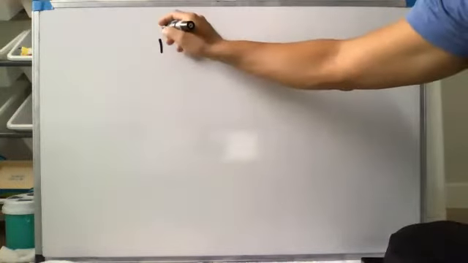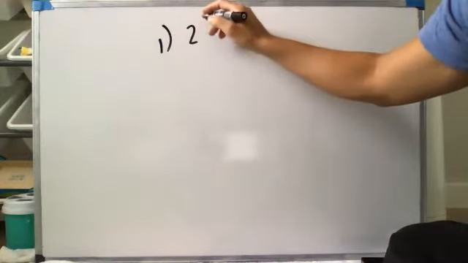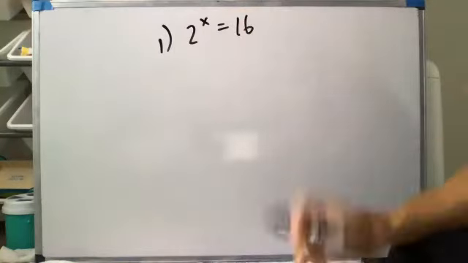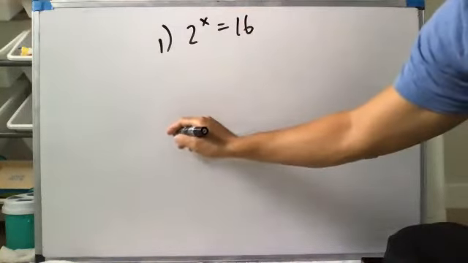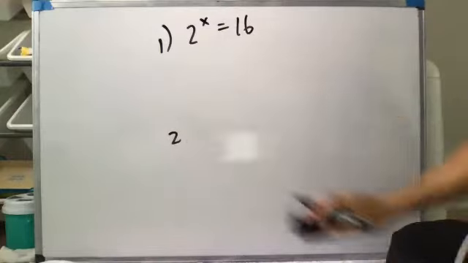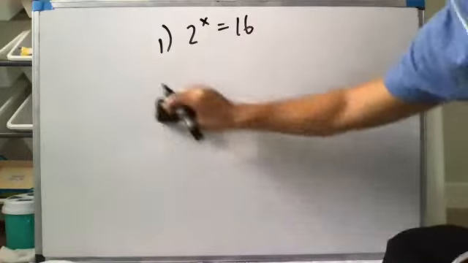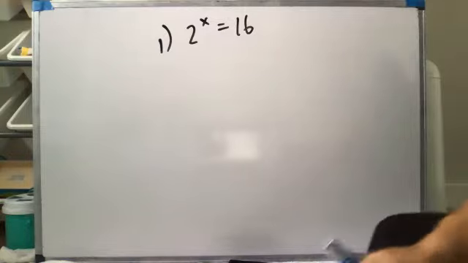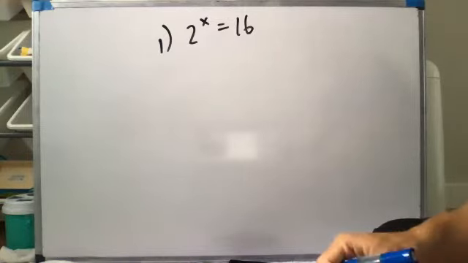Okay, number 1 is 2 to the x equal to 16. And I'm going to do number 2 at the same time. Actually, no, never mind. I'm going to do 2 and 3 together. So let's just do 1 first. All right, let's approach it the new way that we just sort of relearned.